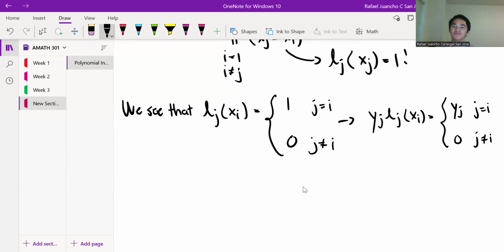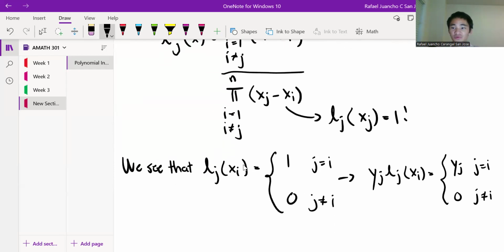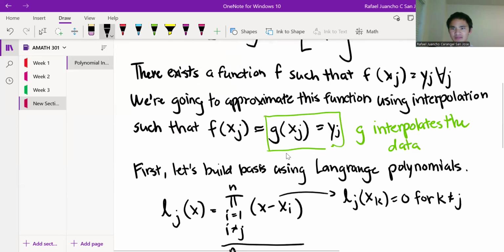So I'm going to get an output of yj. So the idea is to use this Lagrange polynomial to get 1. And then once we get 1, we multiply it by yj to get yj. Right? So that's the idea.